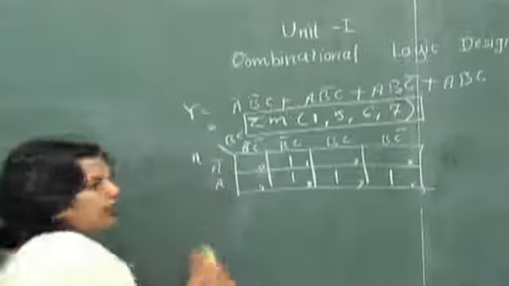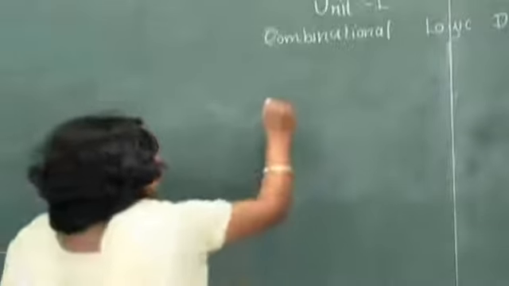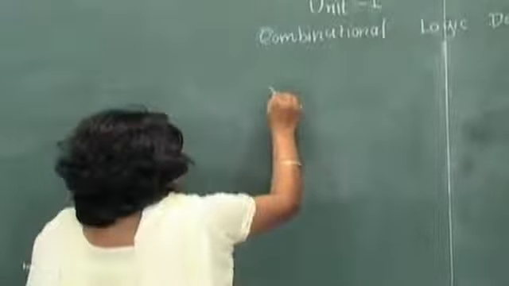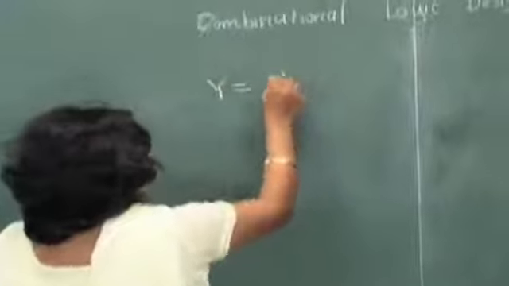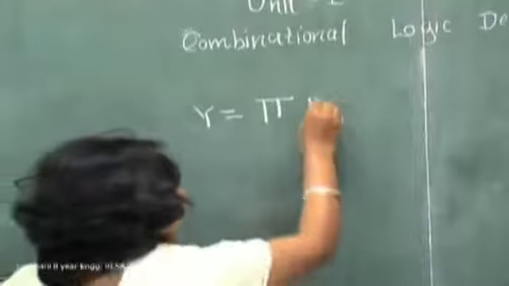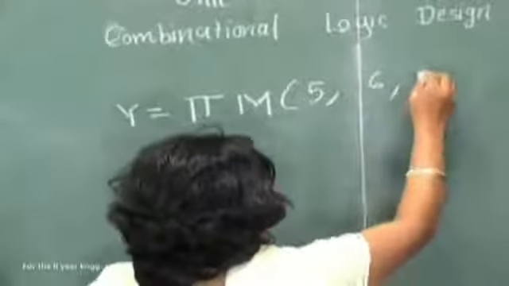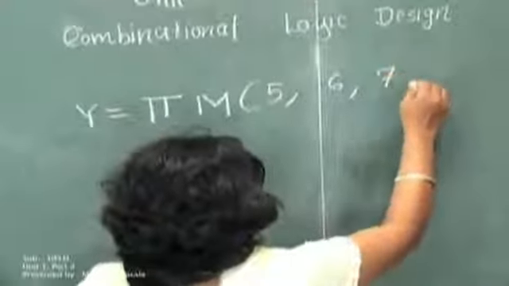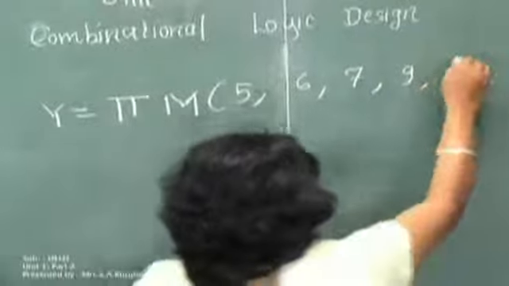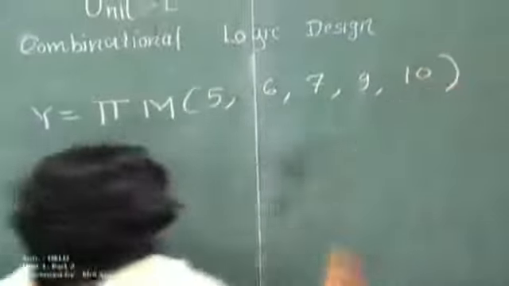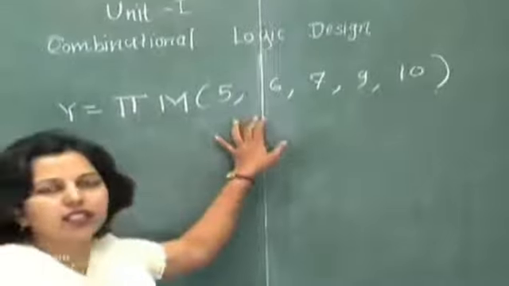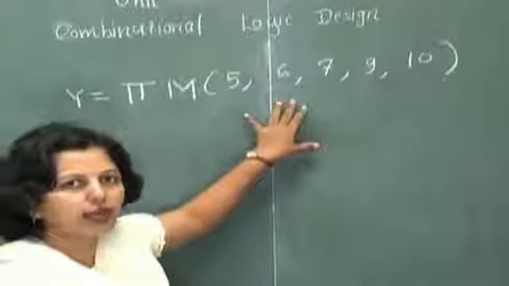We will go for the standard POS form now. I am writing directly using the max term. So Y is equal to, as I already told, it can be written as a pi, capital M, 5, 6, 7, 9, 10. Obviously from the equation you can understand this is a 4 variable K-map for the standard POS form.